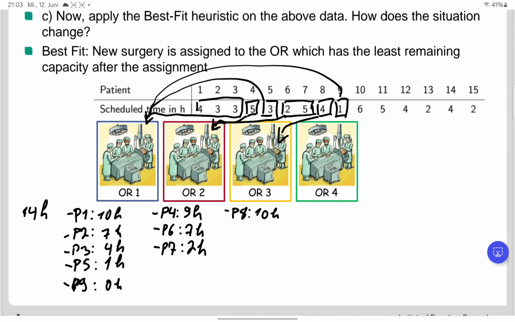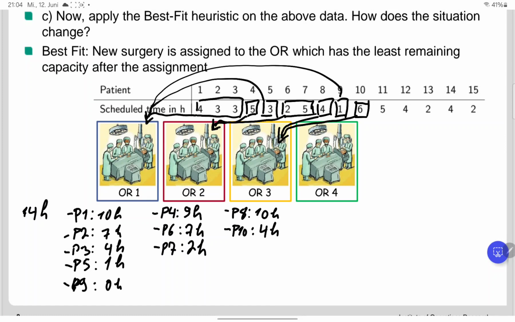Okay, the 10th patient has a duration of 6 hours. We have to assign him to the third operating room, and that means 4 hours left. Okay, so the 10th patient is also assigned to the third operating room.